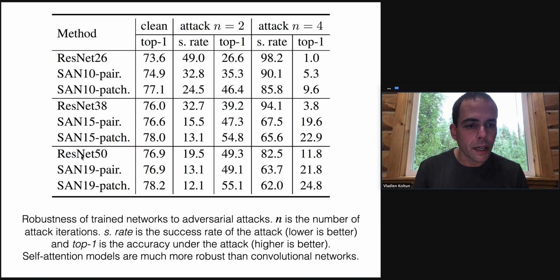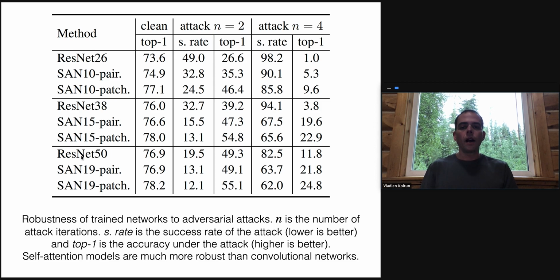Let's look at another experiment. Here we applied an adversarial attack to already trained models. And these are the same models that you saw in the previous slide. We have the ResNets, the pairwise self-attention networks, the patchwise self-attention networks. They were not trained for robustness.